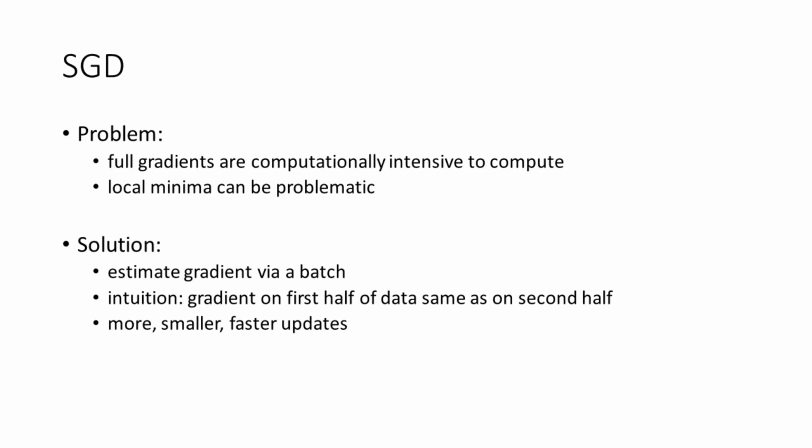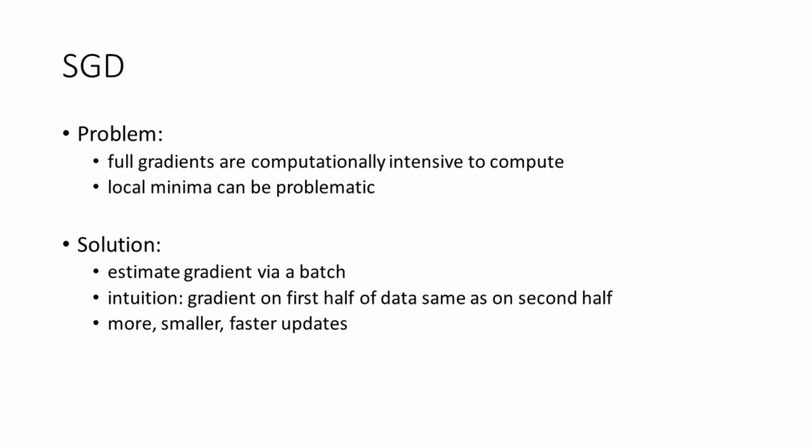And then also, gradient descent just travels in the direction of the slope. It can easily get stuck in local minima. So we're going to propose a solution to this first problem. We are going to estimate the gradient via a batch.